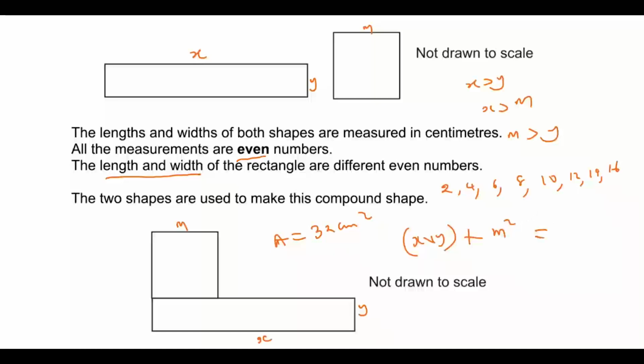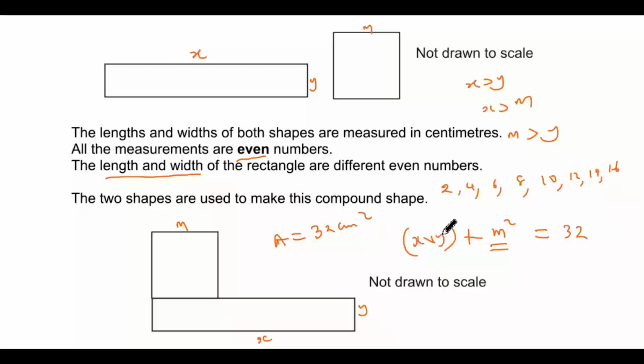These two should add up to 32. So let's find the possible combinations now. Let's start. If y is equal to 2, for instance, and x is equal to, let's say, 4, we're going to have 4 times 2, that will be 8. If you subtract 8 from 32, the number left cannot give us a square number, because this must be a square number.